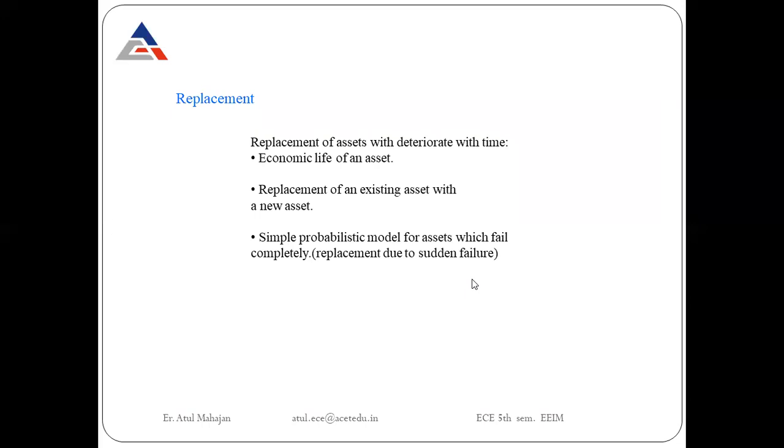In that case, I need to replace that asset with a new asset. That is another kind of replacement issue that we come across with probabilistic models or algorithm problems.